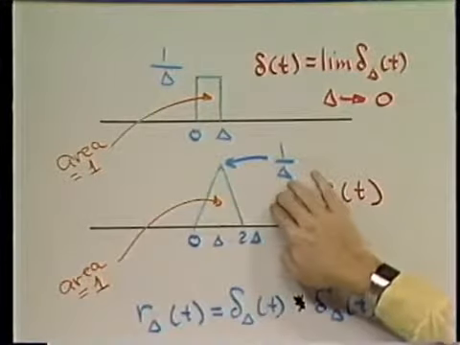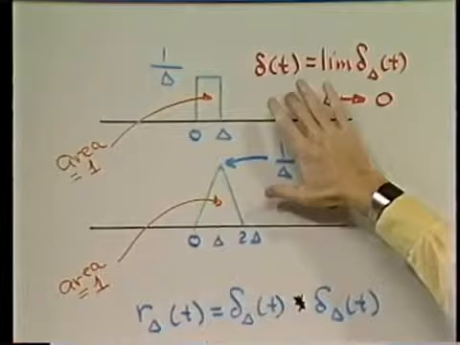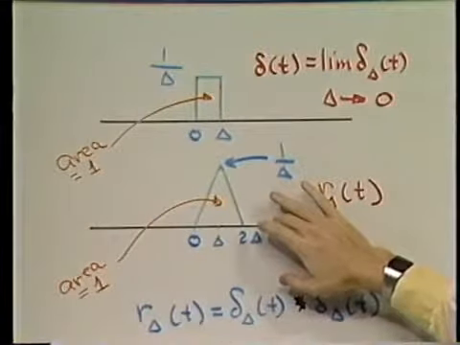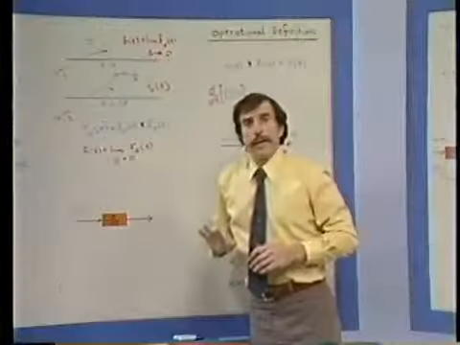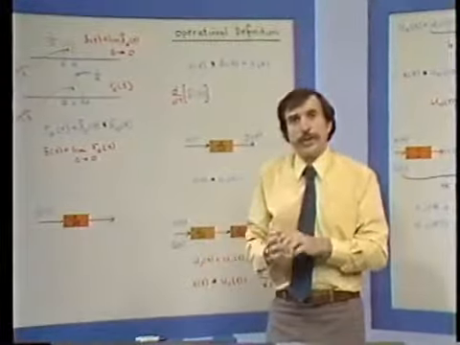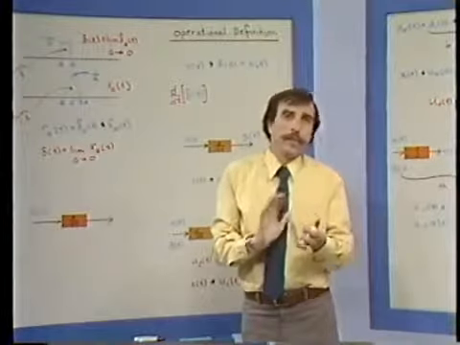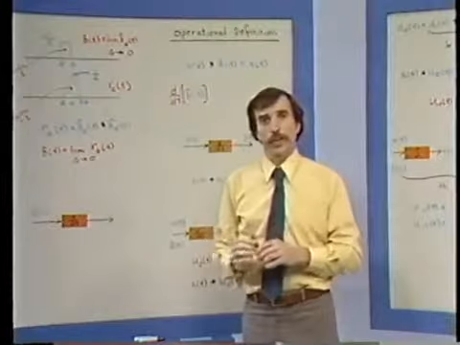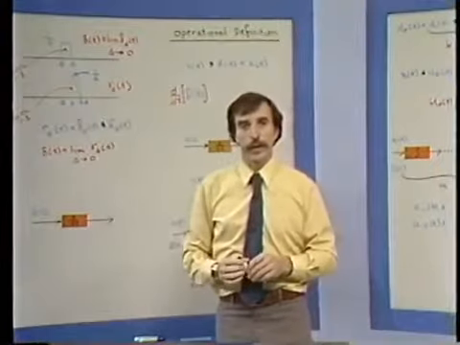So one could wonder, well, what is an impulse? Is it this one in the limit, or is it this one in the limit? Now, what this suggests is that in the limiting form, you run into a contradiction unless you don't try to distinguish between this rectangle and the triangle.